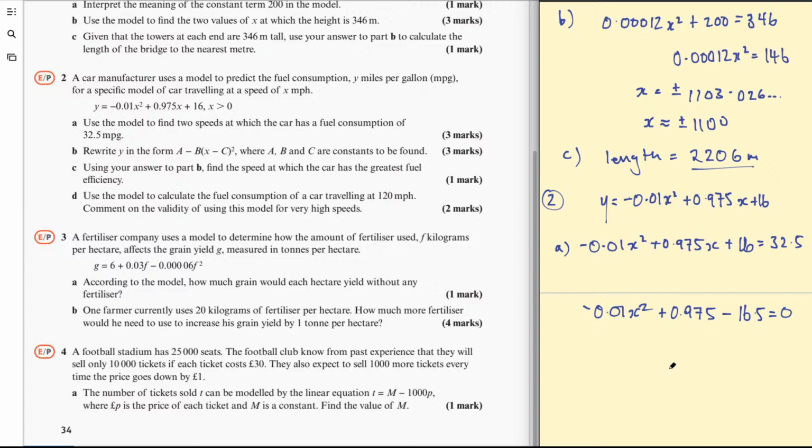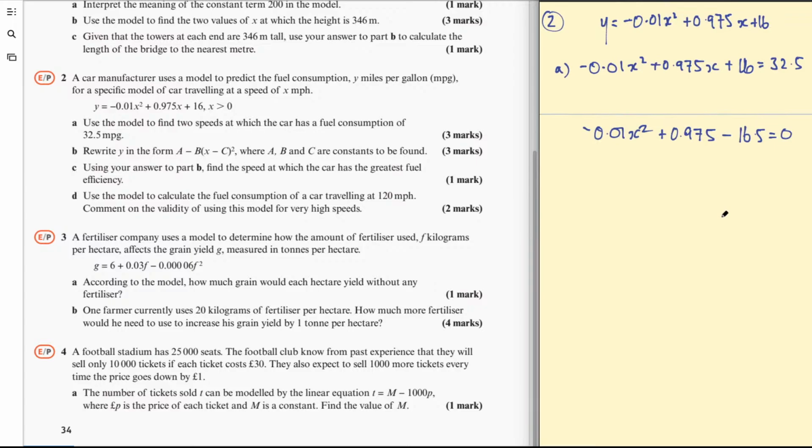And now I wonder whether I could factorize that. I'm not going to try to factorize it, but I wonder if I could. Okay, so let's just do a bit of experimentation here.